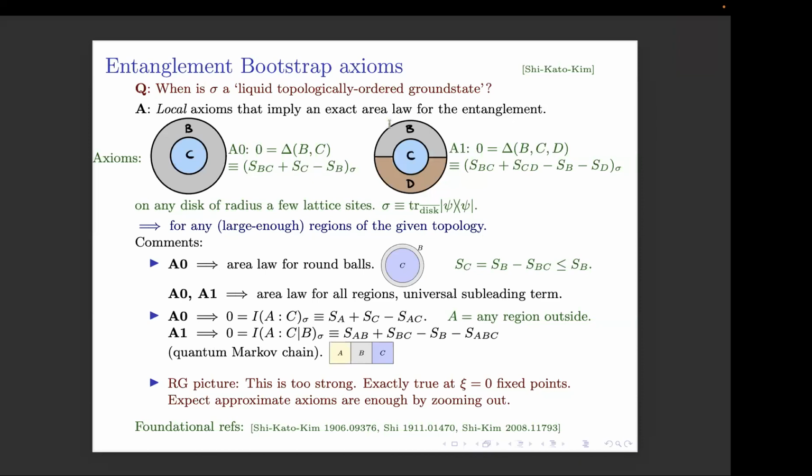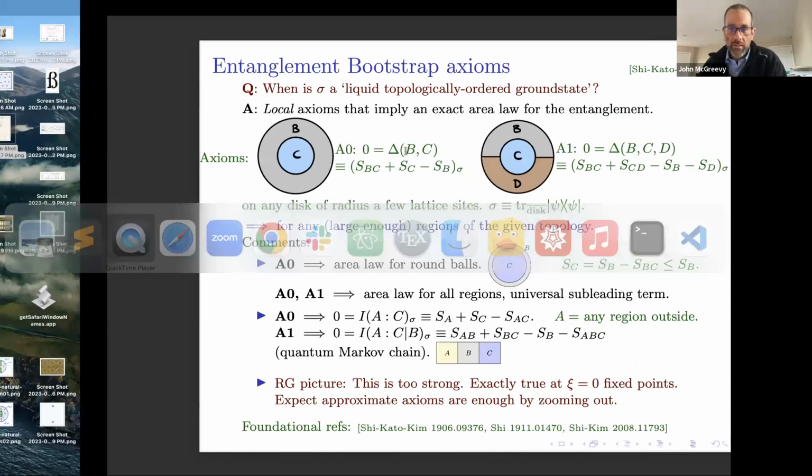So the idea is that if delta BCD is 0, it implies that the conditional mutual information between C and A given B vanishes. So if I attach A, I think I can draw it.